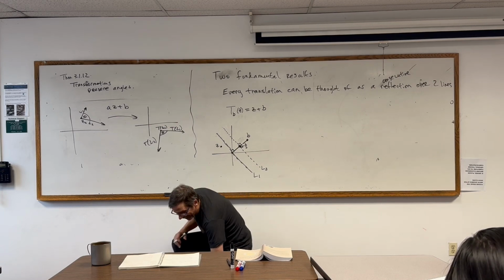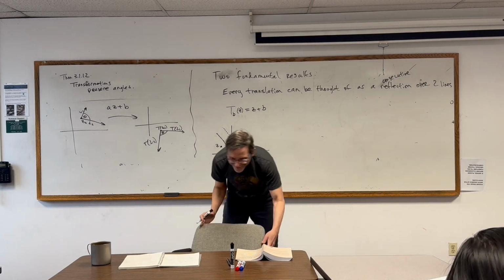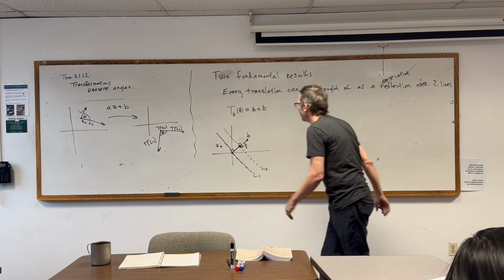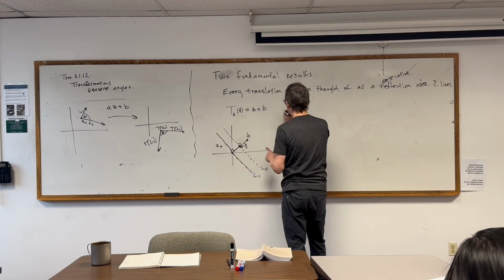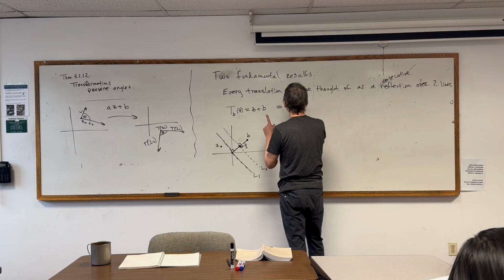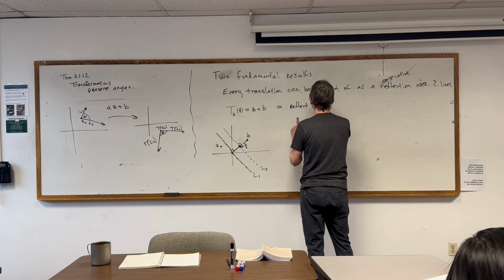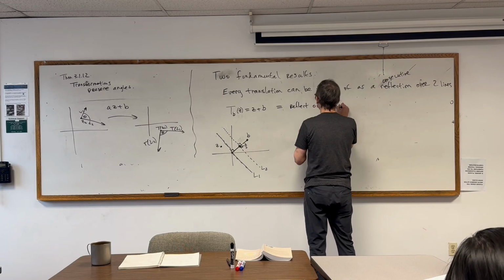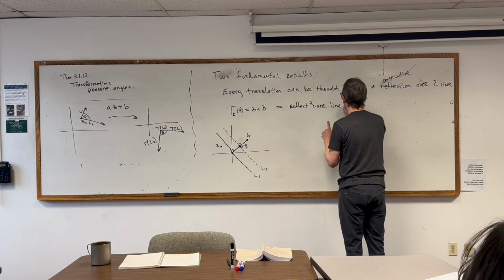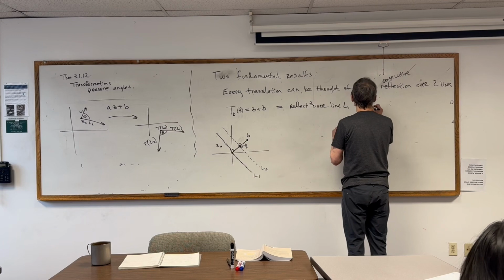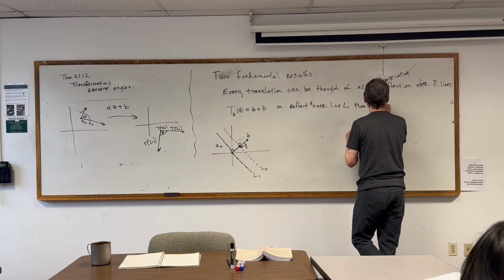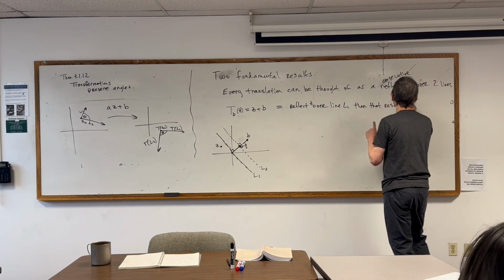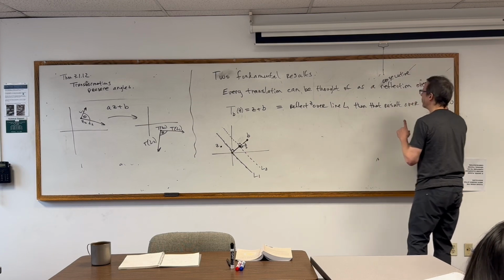So, all right, I'm going to get up now. I'm just going to summarize what I want to prove here. Reflect Z over line 1, then that result over line 2.